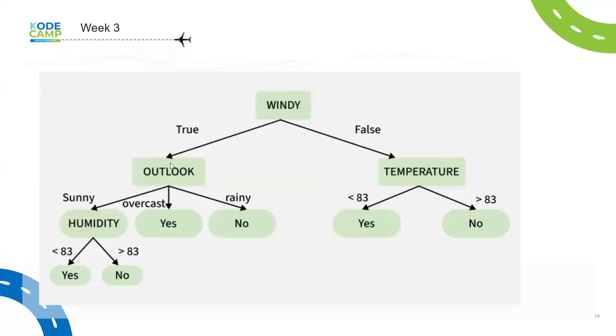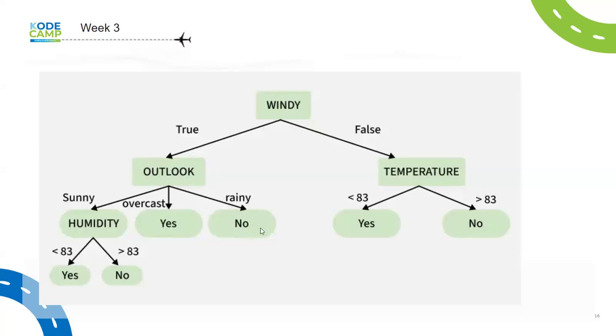If it is true, you take it this way. If it is false, you go this way. Now, if it is true, then you have to check the outlook. The outlook is the future weather, how it will look. Currently it is windy, but in future, will it stop being windy? Will it become sunny? Or will it stay overcast? Or will it be rainy?